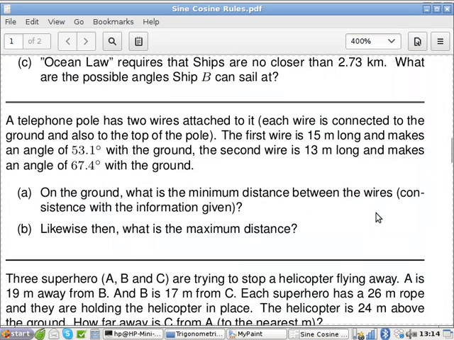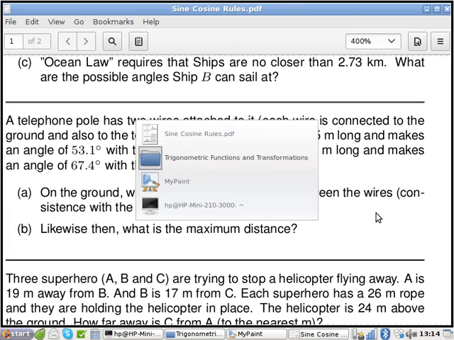A telephone pole has two wires attached to it. Each wire is connected to the ground and also the top of the pole. The first wire is 15 meters long and makes an angle of 53.1, and the second wire is 13 meters long and makes an angle of 67.4.